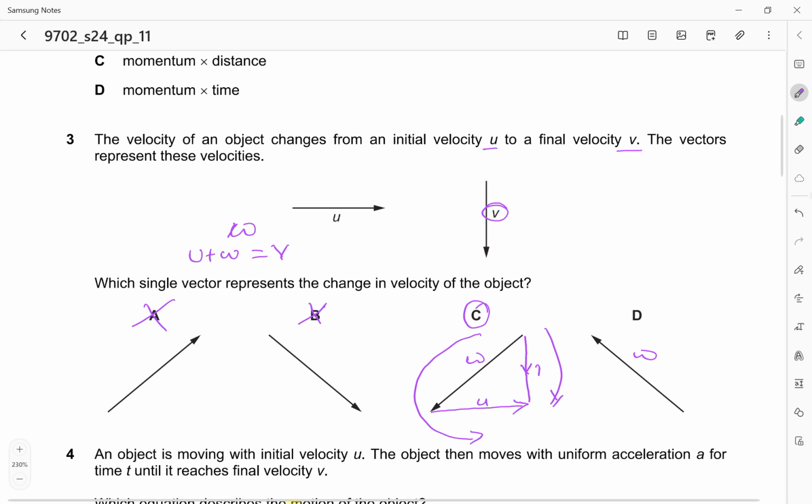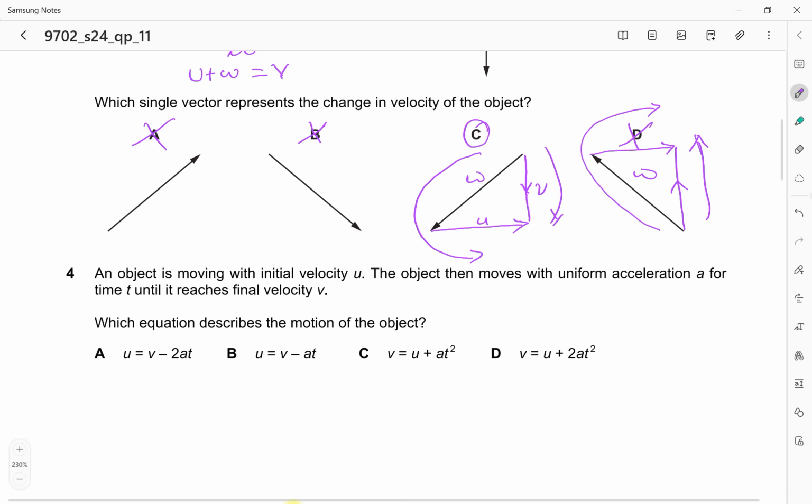And this is the final velocity, which is going to be V. You can check with the D. If on D I add U to the horizontal, it means the resultant would be like this, which would be pointing upwards. Remember, this is forming a clockwise loop, then the resultant should be the other way around, anti-clockwise. So yet the final should be downwards. So it means D is automatically wrong. So the answer is going to be C.